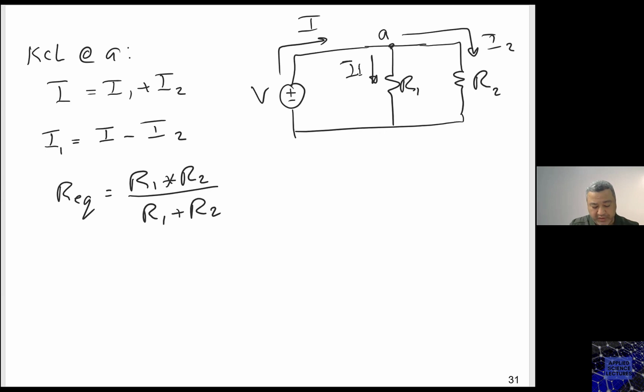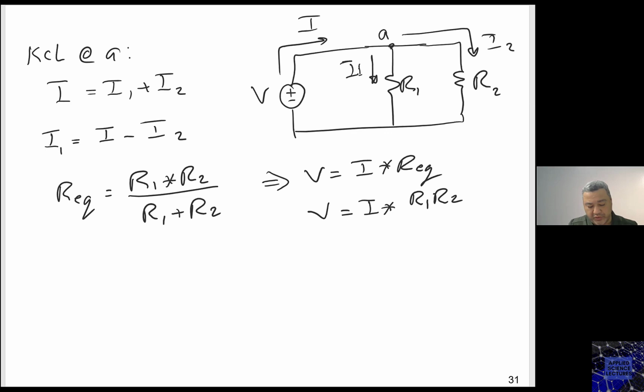So I have here V equals I times R equivalent, right? So this is V, which is I times R1 R2 over R1 plus R2. This is V.